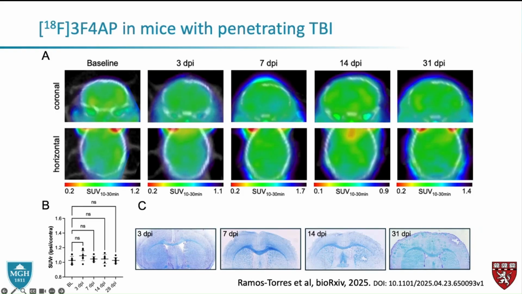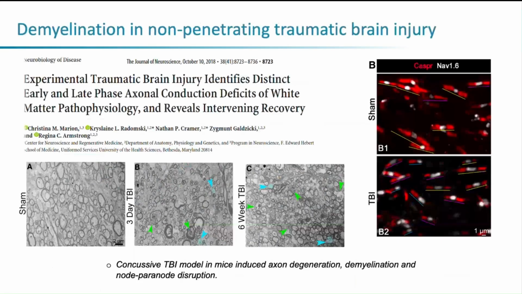So next, we wanted to see whether this would apply to closed head injuries, which is much more relevant to human TBI. Most TBIs are not penetrating TBI. So we looked for someone who had characterized a method of closed head injury, and Regina Armstrong had published a method showing that when you do an impact on the closed skull, that causes demyelination in the white matter.